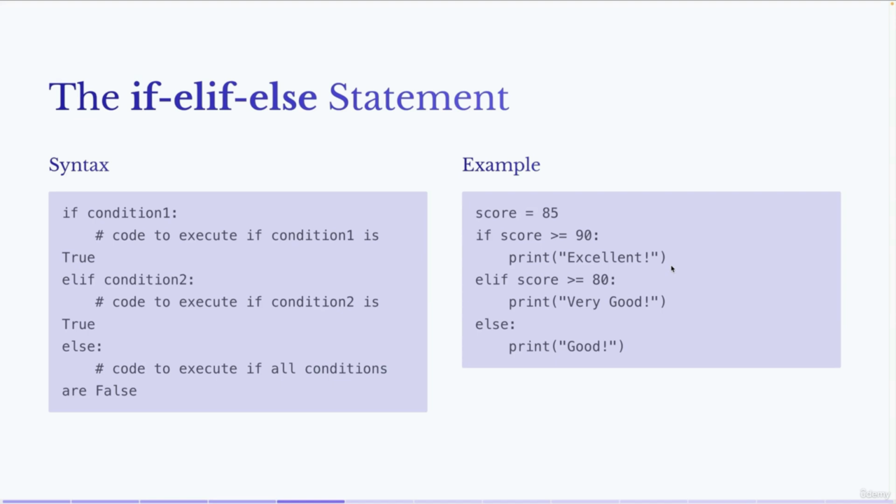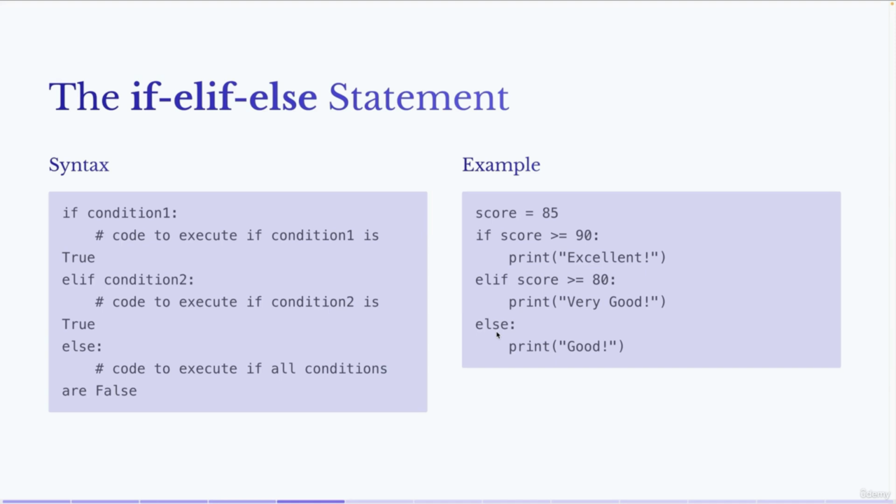And it has this structure. You have your if statement, and you must have your else statement. You can have as many elif statements in between the if and the else, and that's totally fine. And it allows you to be able to model any kind of condition you have in the real world. With the if, elif, and else statements, you can model anything. So this is what makes it very, very useful and very important.